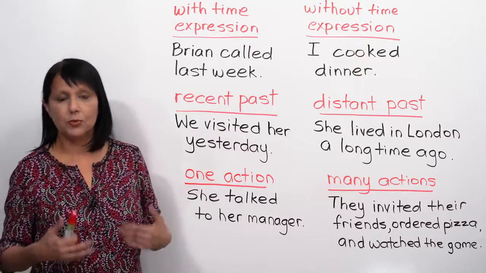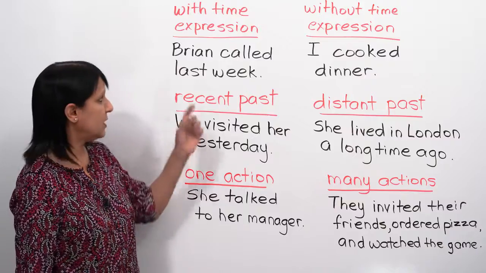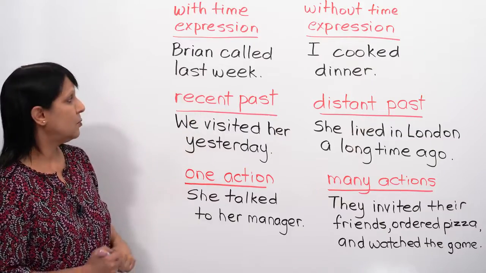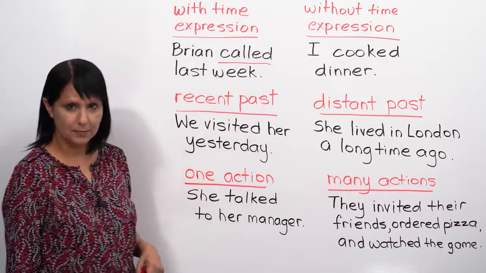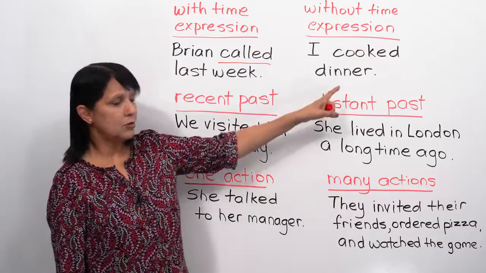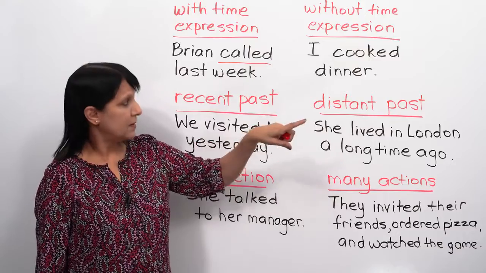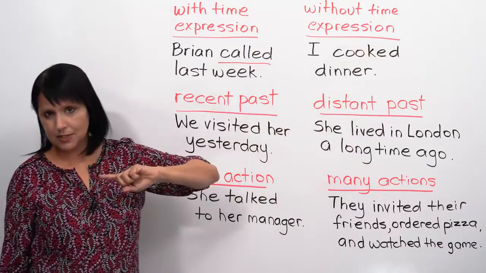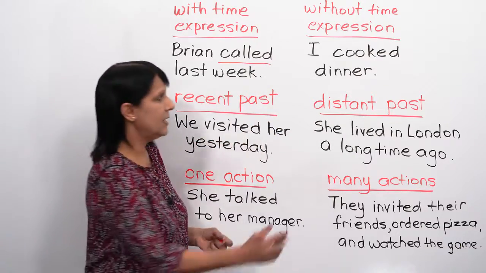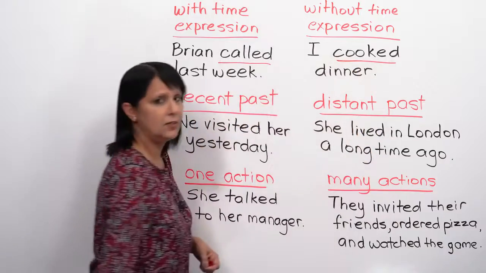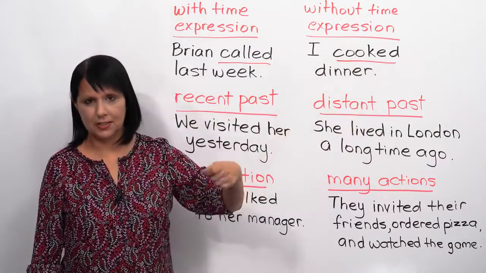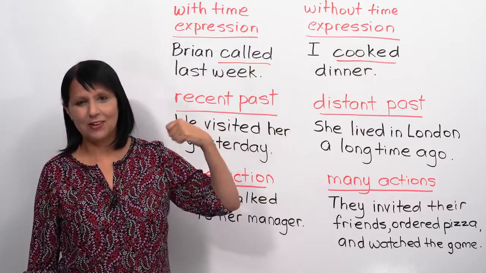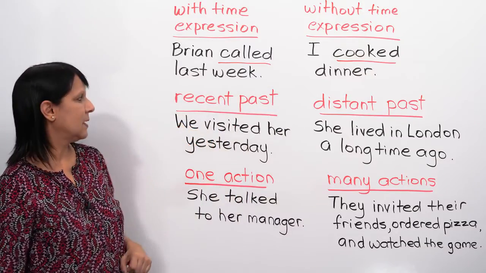So of course, you can use a time expression with the past tense. What's the past tense here? This word, called. But you could also use the past simple tense without a time expression. So you could simply say, I cooked dinner, okay? And as soon as I use this word, cooked, we know that we're talking about the past.